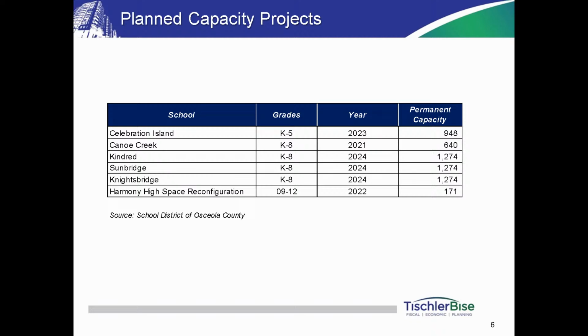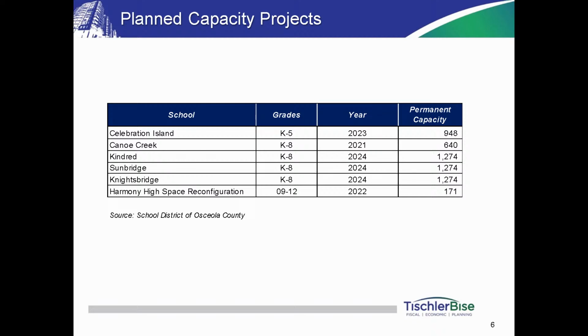It's not the most attractive analogy, but think of a sewer system. You have peak demand, and you have to provide the capacity within your wastewater system to meet that peak demand. The school system's no different. You may have 1,500 students attending school virtually, but they could walk in the door tomorrow and demand a seat. So those seats have to be there for the students.